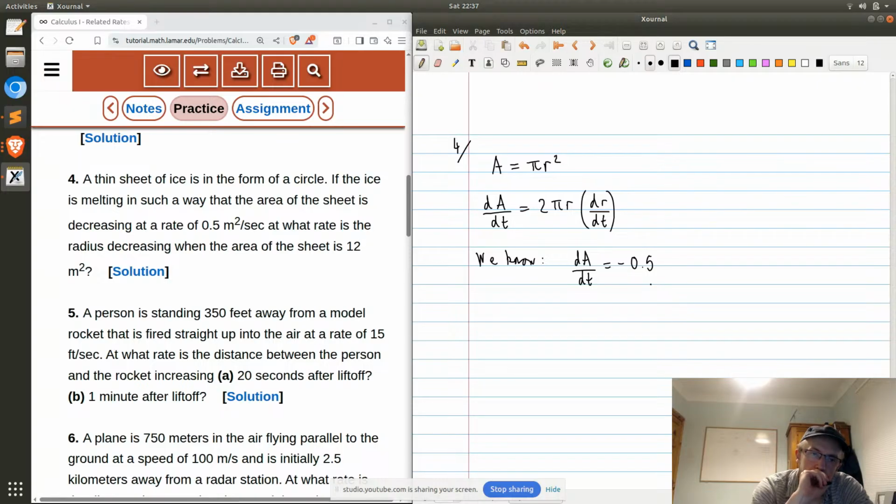And we're told also that A is 12. And what we want to know is what is dr by dt, right?